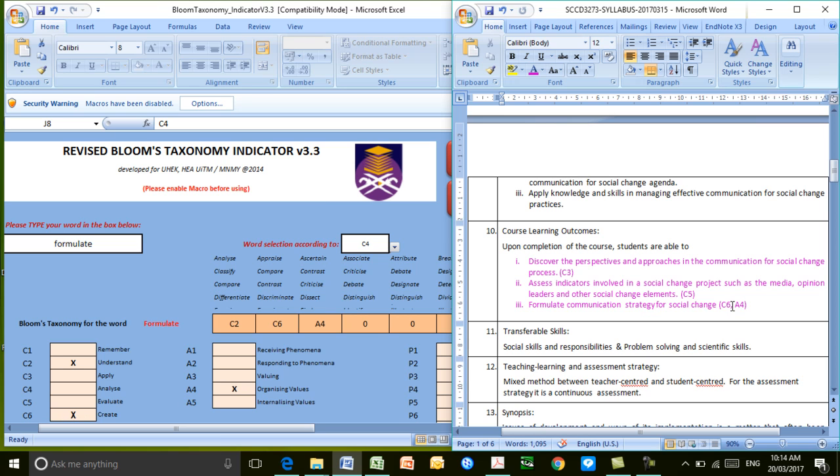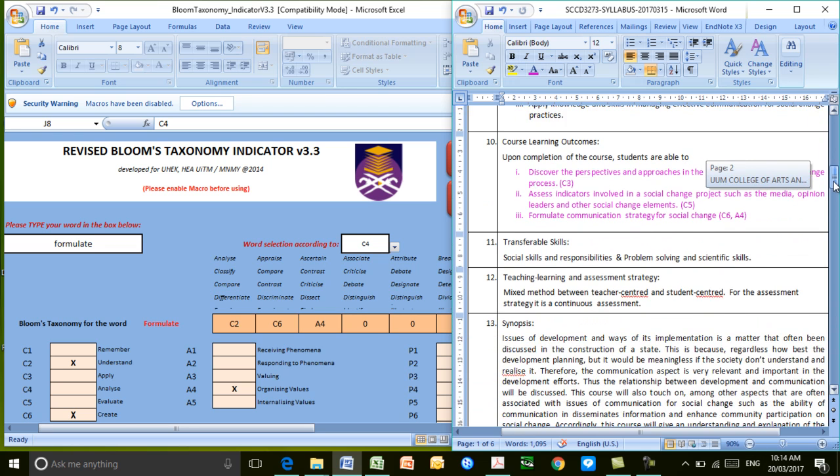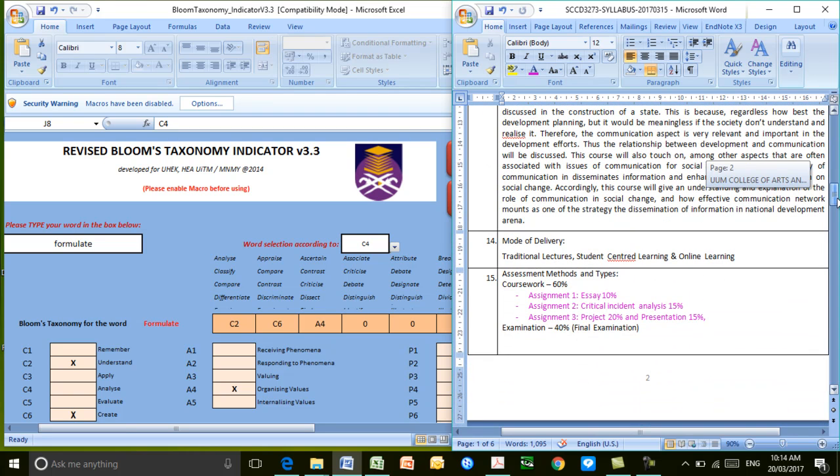So once we prepare our course learning outcome, the next thing is how we are going to measure. And how we are going to measure is also required by MQA for us to have clearly in our syllabus, which is under item number 15, assessment method and types.